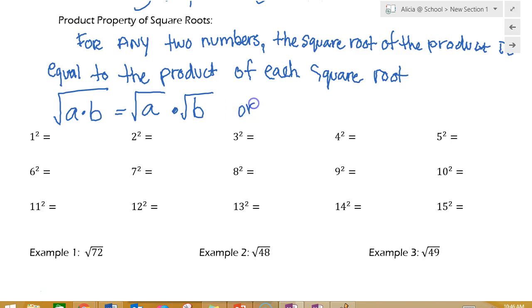Or with numbers, an example like 4 times 25. Each of these are perfect squares. I can separate these to become the square root of 4 times the square root of 25. So that's the product property of square roots.